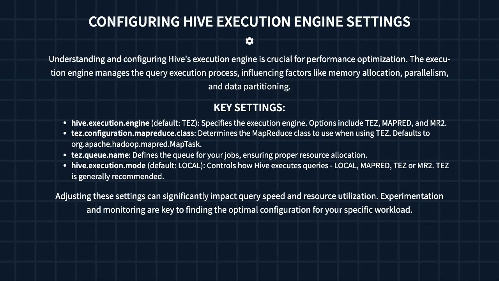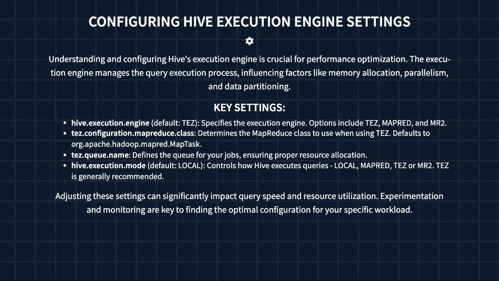Okay, let's talk about configuring Hive's execution engine. It's a really important step in optimizing your queries. Basically, this part of Hive is responsible for actually running your SQL statements. The most common options are Tez and MapReduce, but you can also use MR2. The Hive execution engine setting tells Hive which one to use.